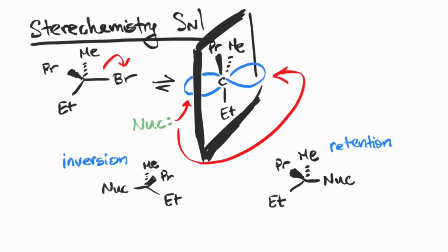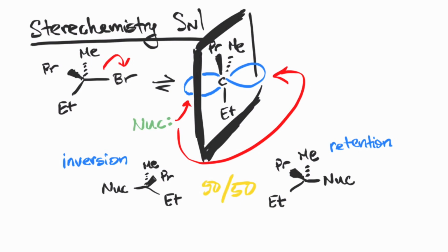Hence, we call this the retention of configuration. So theoretically, both of these have an equal opportunity of happening. So you would get a 50-50 mixture of the inversion product and the retention product, as opposed to an SN2 reaction where you have 100% of the inversion product. So again, this is one extra evidence for the existence of the carbocation as an intermediate in this pathway.